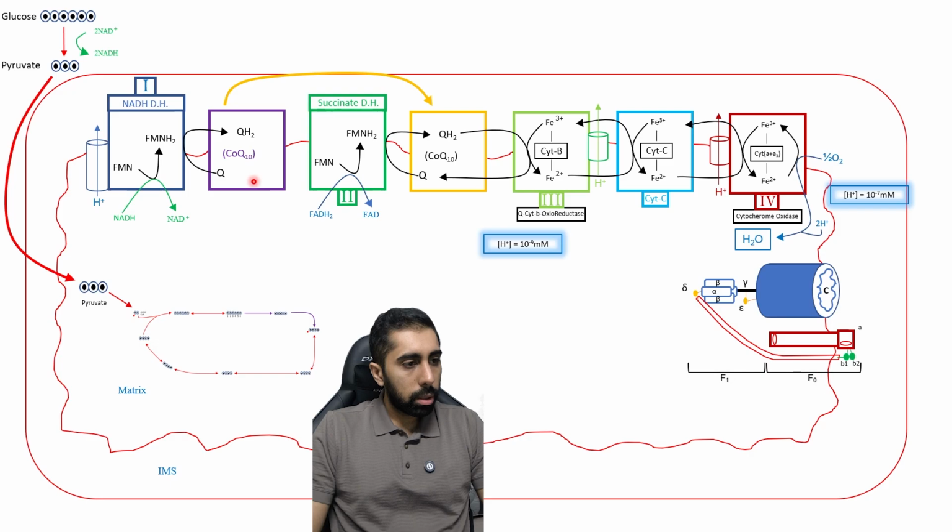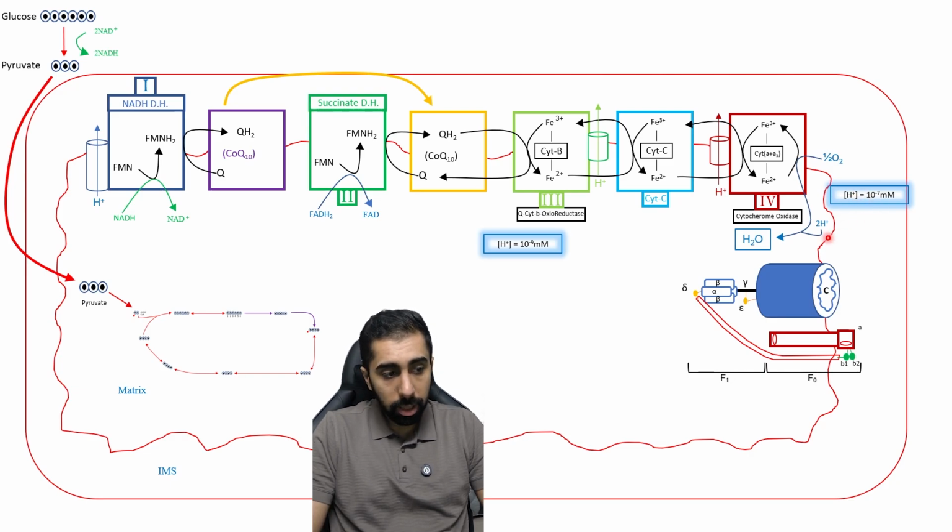In previous videos, we exported hydrogens, or protons, from the matrix into the intermembrane space, and this resulted in an increased number of hydrogens in the IMS, while the number of hydrogens in the matrix reduced. So there is a difference between the number of hydrogens in the matrix and the IMS.